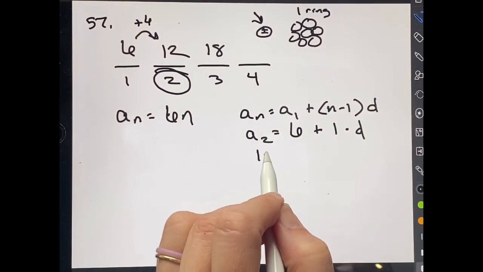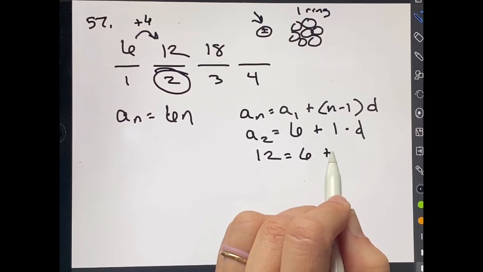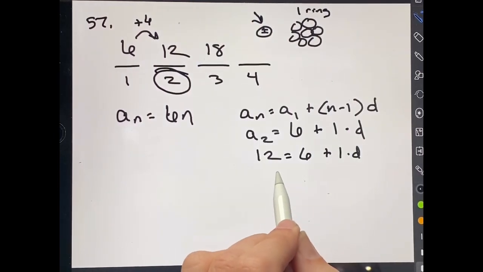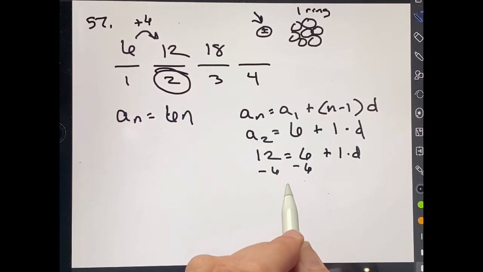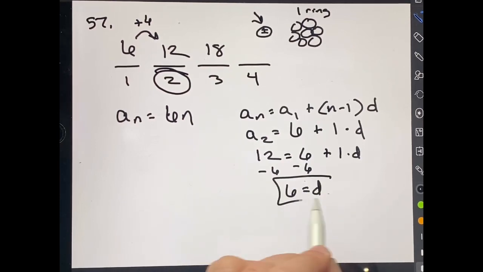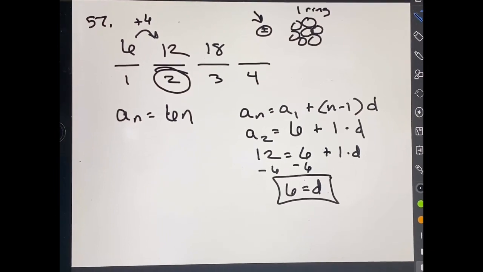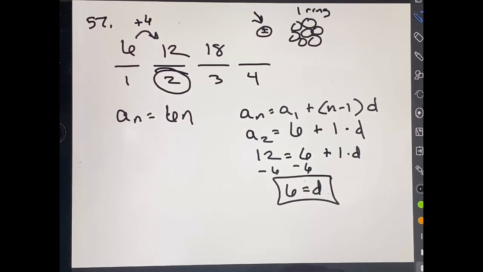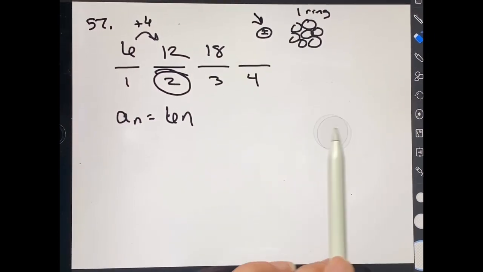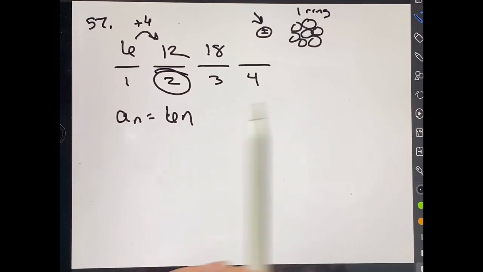A sub 2 is really 12, so 12 is 6 plus 1 times d. I'm going to subtract 6 from both sides, and 6 is equal to d. So we're able to go back and actually use our generic formula to find any location in our equation to tell us what our jumps were if we weren't able to figure out those jumps in the very first place, right? So in this case, we know that we're jumping by 6 each time.